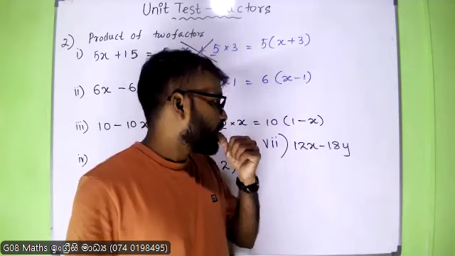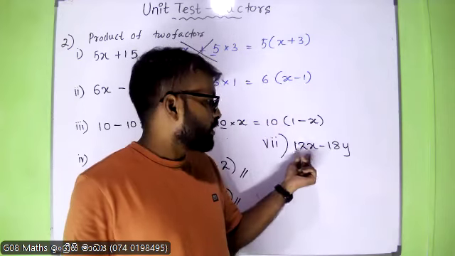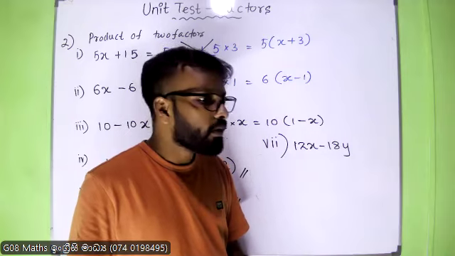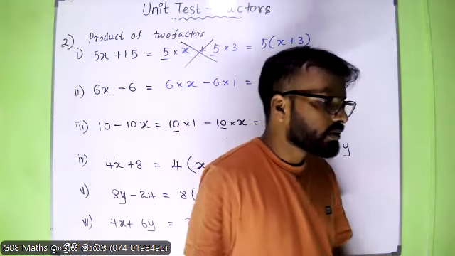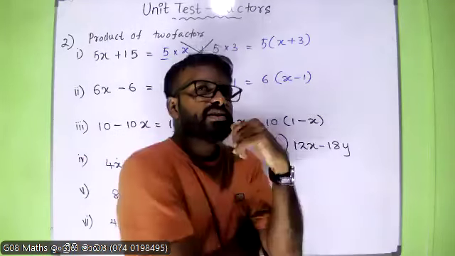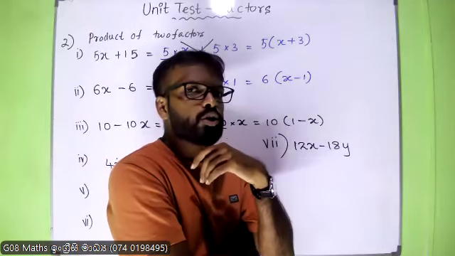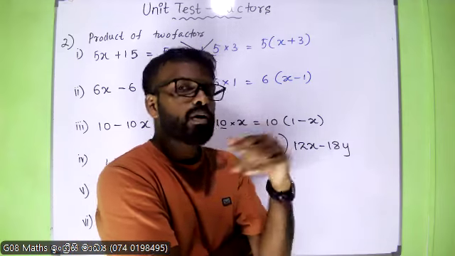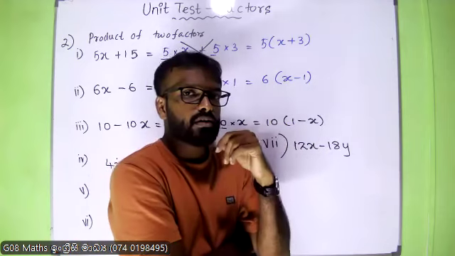So, guys, what would be the common factor for 12 and 18? 6. Right? Super. Some might say, I will take 2. If you take 2, is that the highest common factor of 12 and 18?